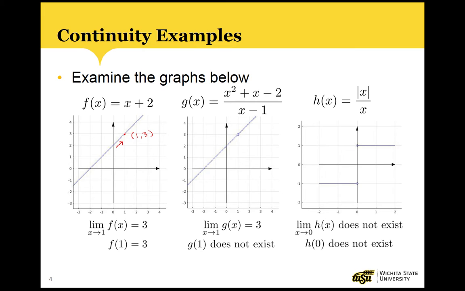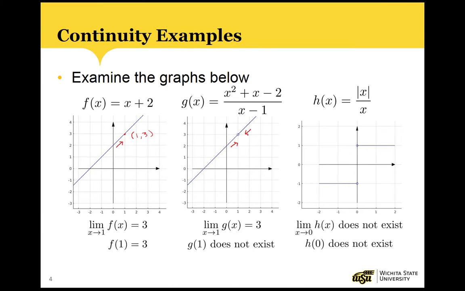We also want to look at this same limit of our next function, g of x, which is a little bit more complicated looking, but we see that the graph is very similar, except for one extremely important detail. The limit as x approaches 1 of g of x is equal to 3. As we see, I can approach it from either side, and my function values get closer and closer.